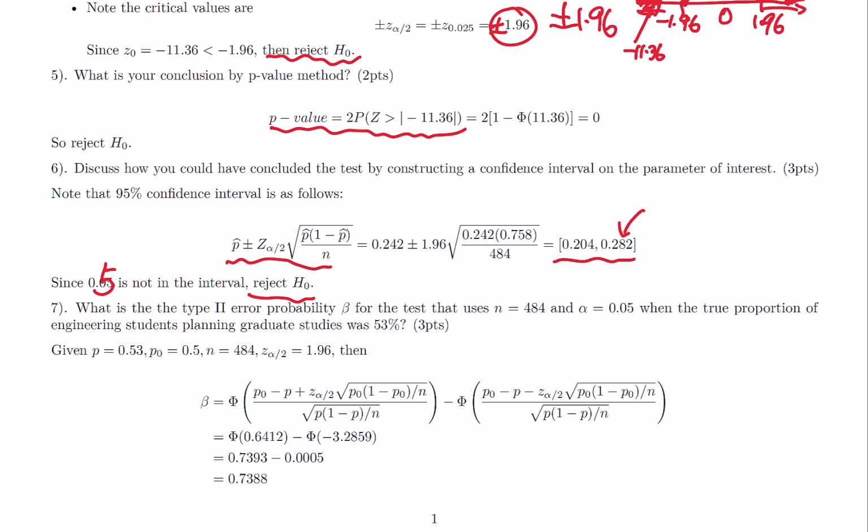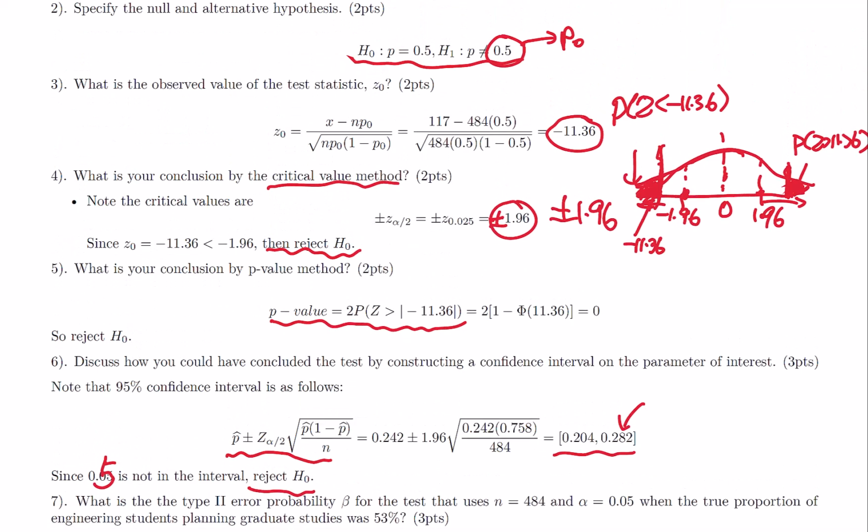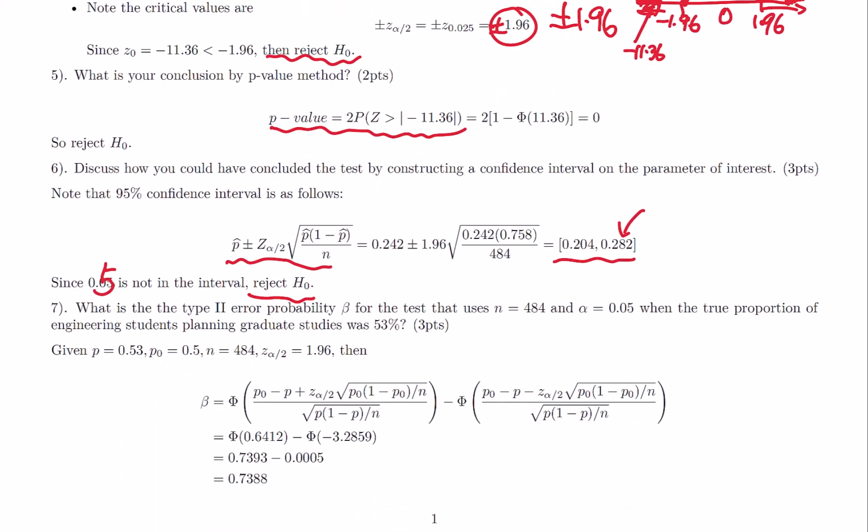And for part 7, for beta, we just follow the formula from the notes, right, for the beta. The only thing I want to say here, because this is for two-sided test, right here. Yes, is not equal to 0.05. Then the z should be 1.96.